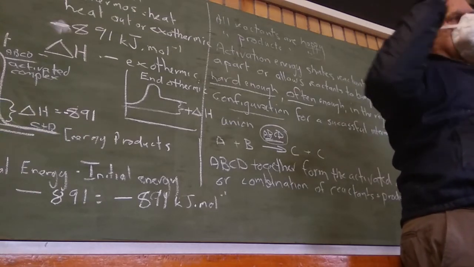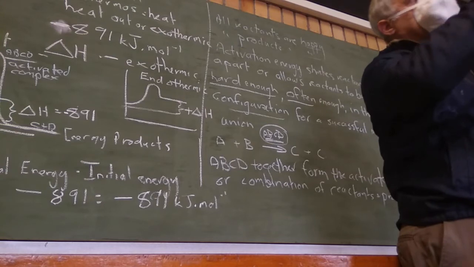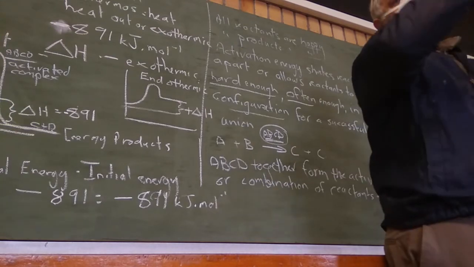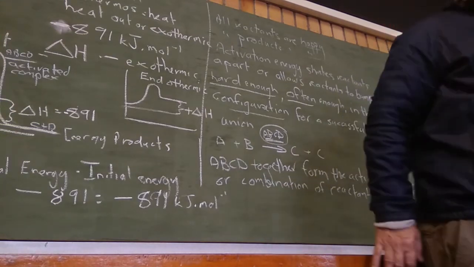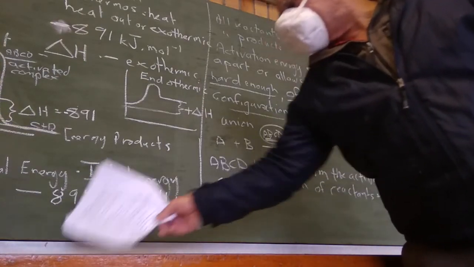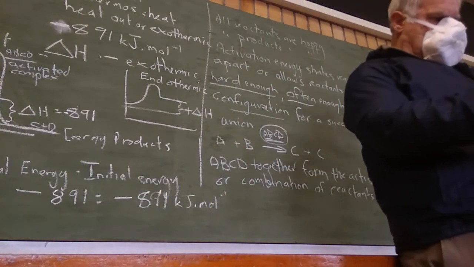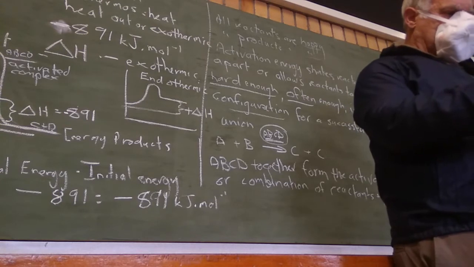Okay, so let's just see if we've answered that question. Why do all reactions need activation energy? Because the activated complex is always higher energy than the reactants or products.